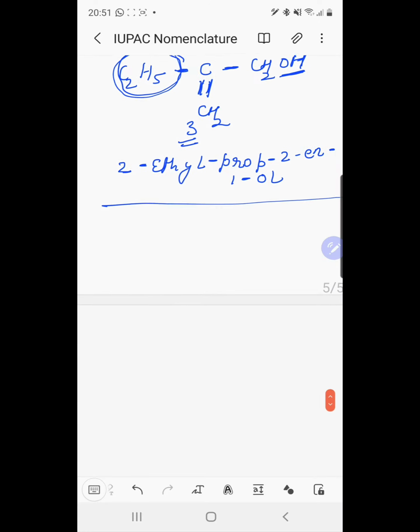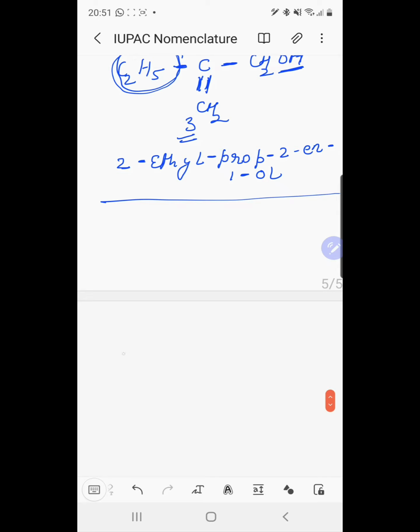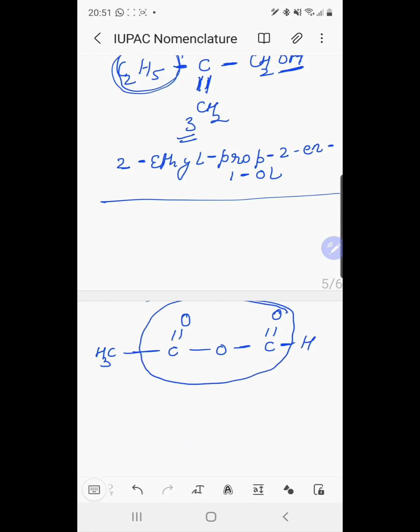One more example. For example, we have the compound CH3CO-O-COH. Basically this group is an anhydride group.